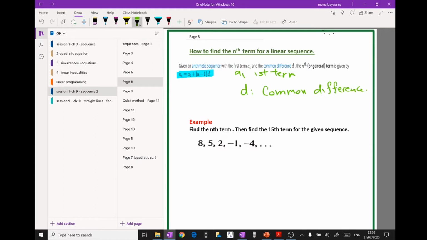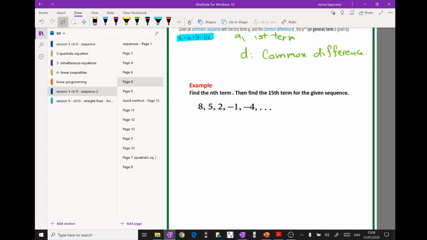Okay, now let me go through this example. Find the nth term and then find the 15th term for the given sequence. Here we have a sequence. The sequence is 8, 5, 2, negative 1, negative 4. First of all, we know a1. a1 is 8. Now we want to find d.